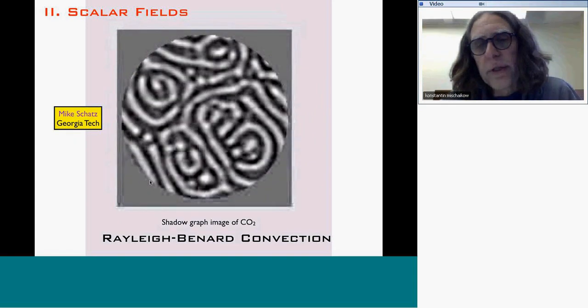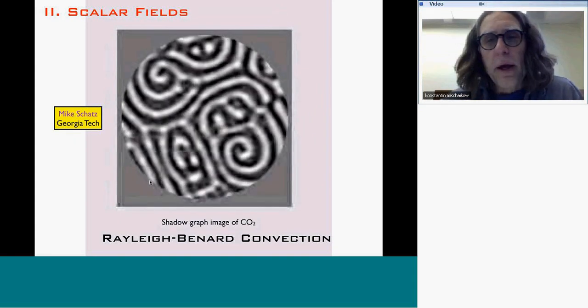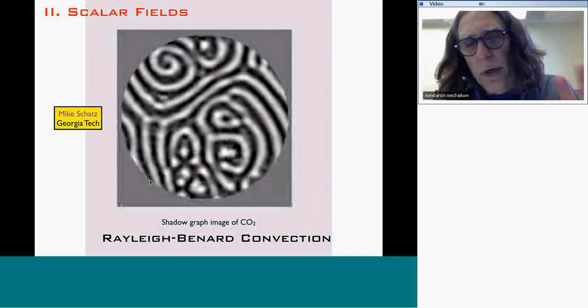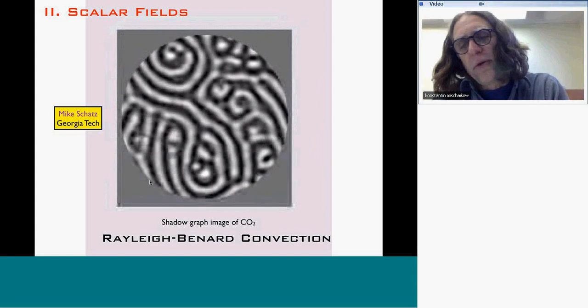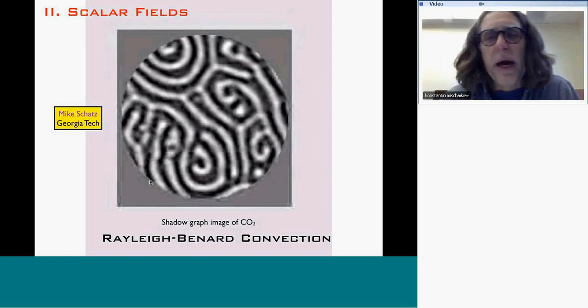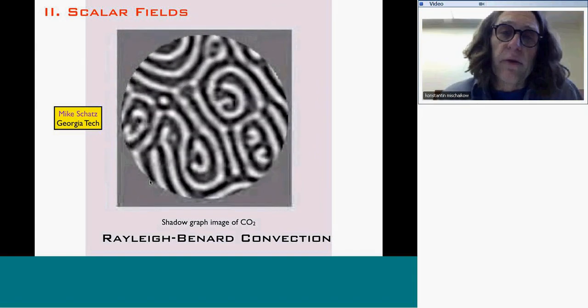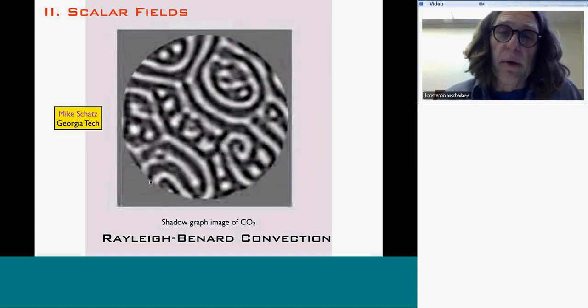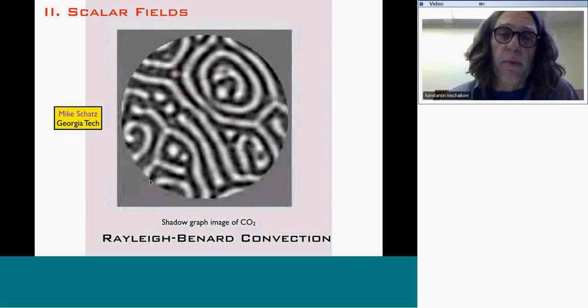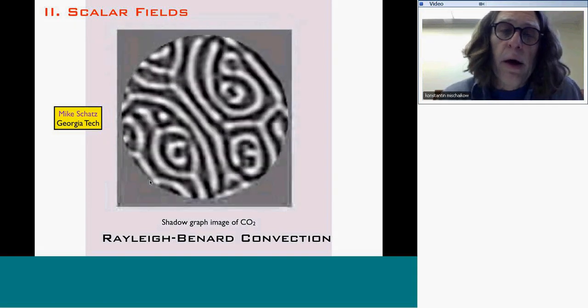It's actually CO2 inside that's being heated, and light is shone on this experimental device. It reflects off the back, and that is the image. It's a movie.